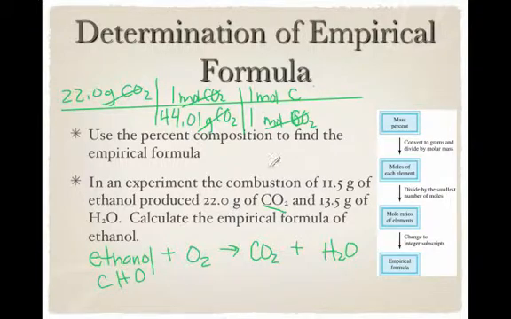I'm going to show you 2 different ways to do this. You can choose which way you like better. Now we'll change moles of carbon into grams of carbon. So 1 mole of carbon is 12.01 grams.